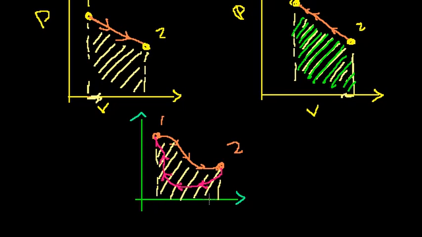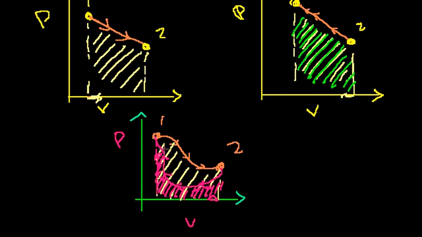So now what is the work done to the system? Well, my volume is decreasing, so it's the area under the second curve. The area under the second curve is the work done to the system. So if I want to know what the net work the system did going from state 1 to state 2, and then going back to state 1, remember this is a pressure and volume diagram, what is it?